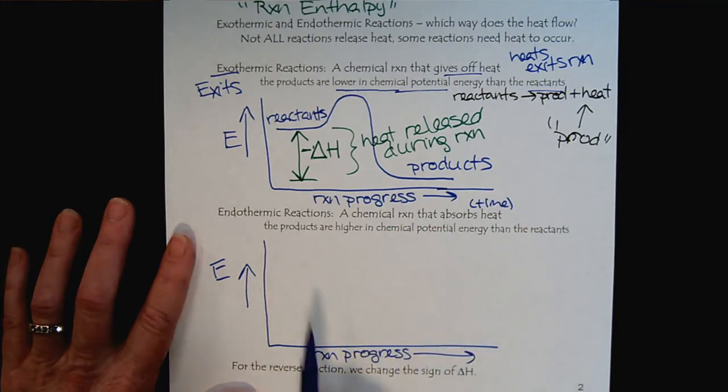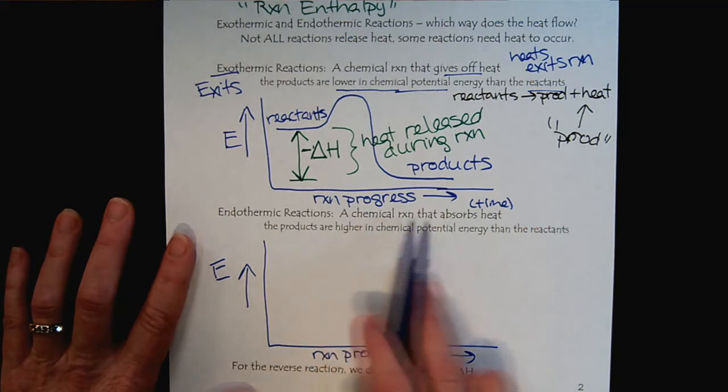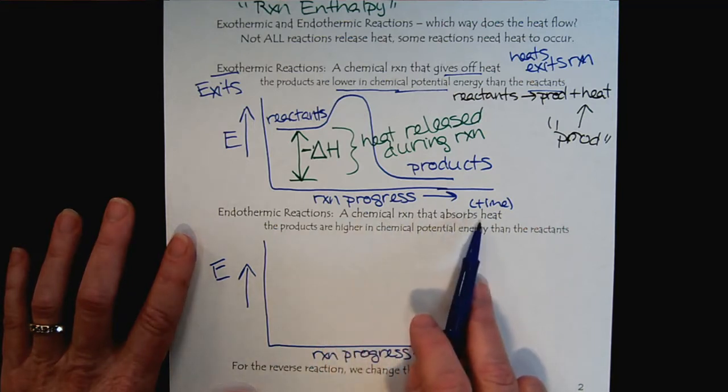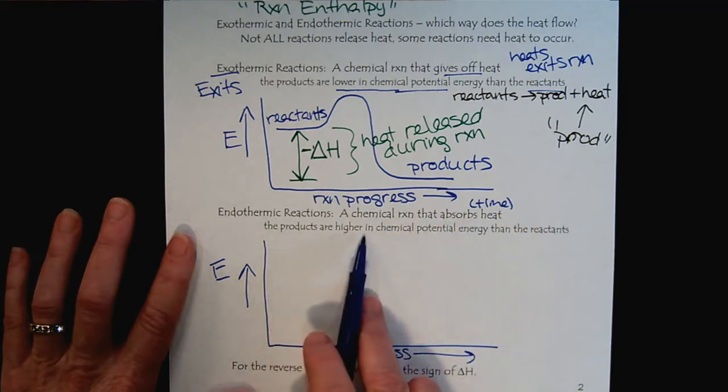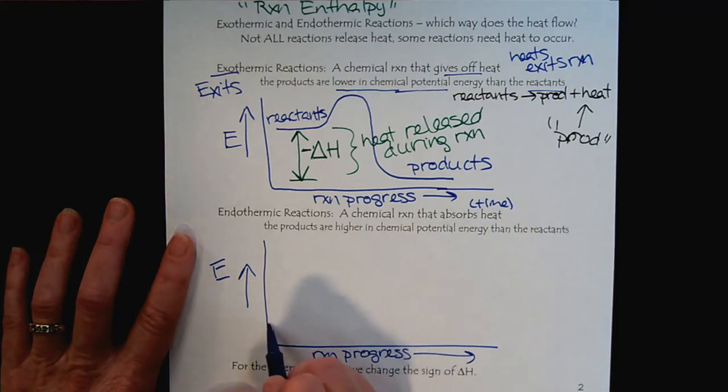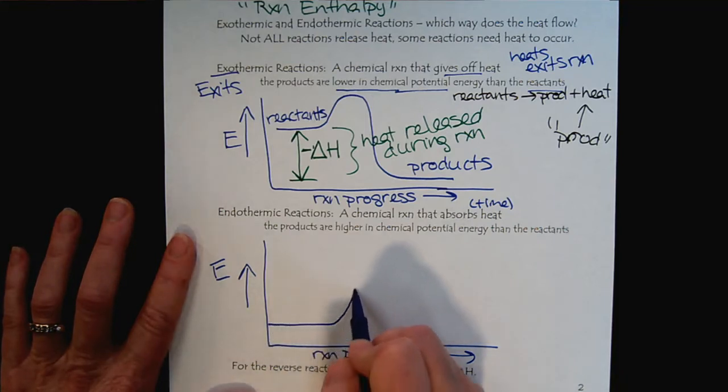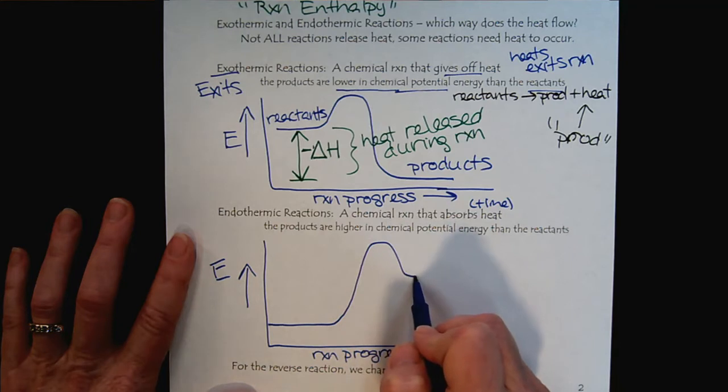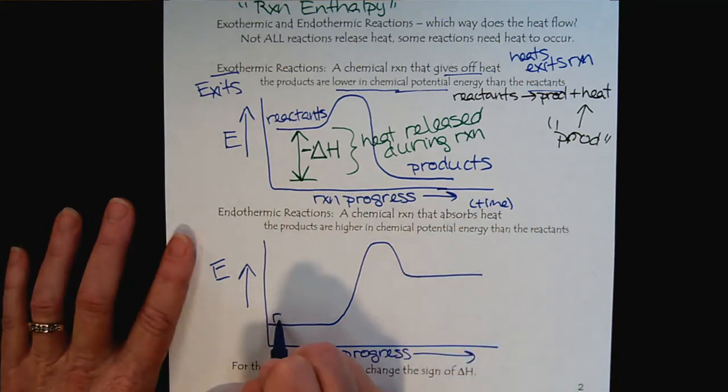But in this case now, the reaction absorbs heat. Why does it absorb heat? Because the products are higher in energy. So we have a low energy reactant producing a higher energy product.